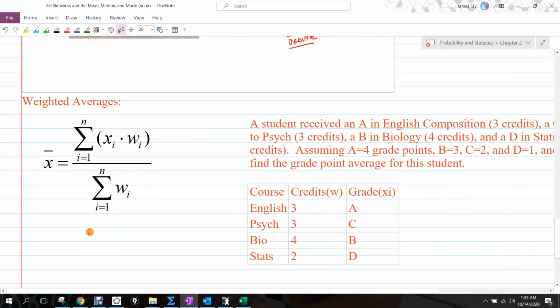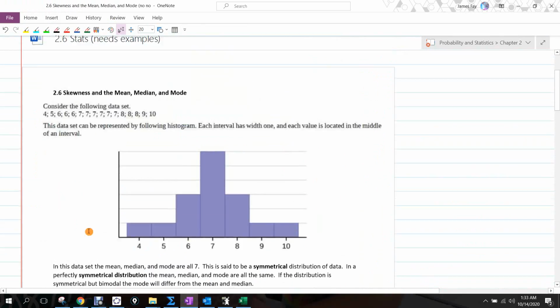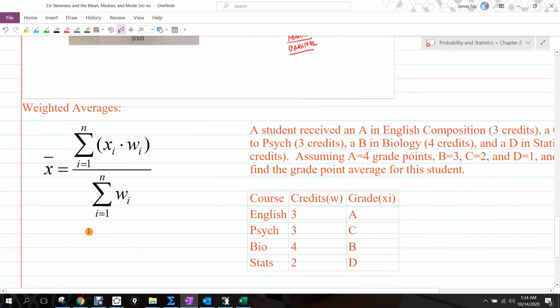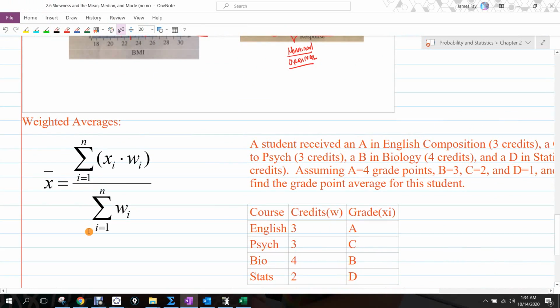All right. So I want to talk about weighted averages a little bit as well. Weighted averages. Still going to use X bar for average, staying in line with what we talk about with sample means. Still using the summation notation with the index starting at 1 going to n.